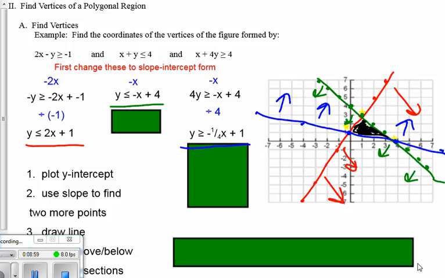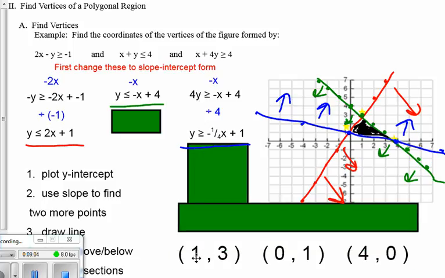So if you look at each of those spots, those are going to be our vertices. And those are all found at (1, 3), (0, 1), and (4, 0). Those are the vertices of this triangle that would enclose our solution. In our next unit, we'll see how we can use that to maximize or minimize a function.